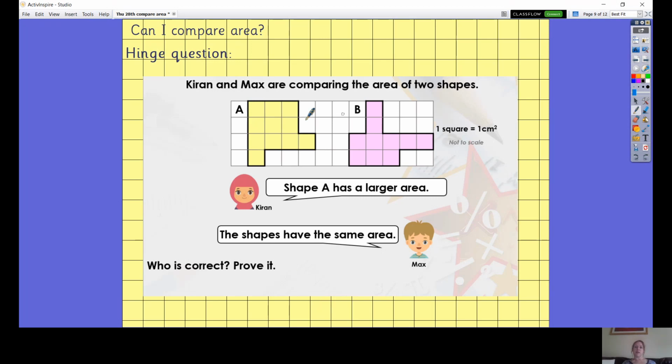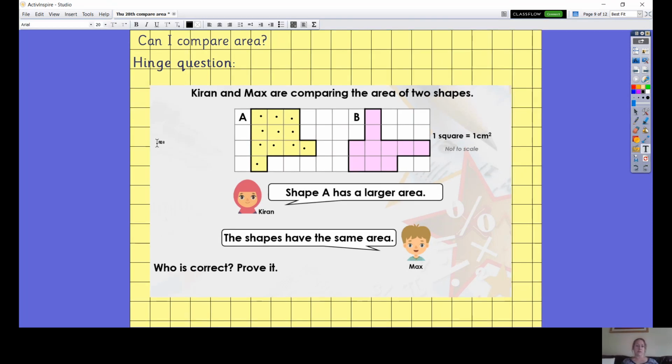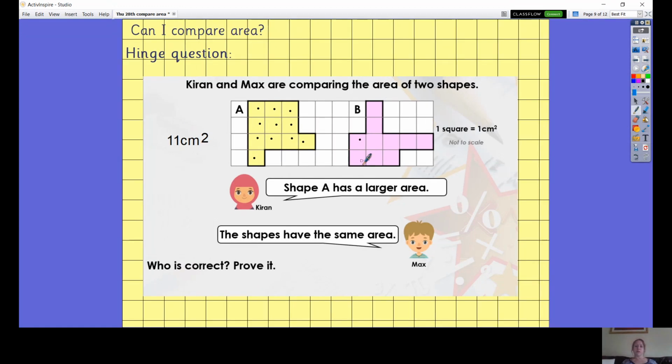Okay, let's do them together. And I know you can't draw them, so I'll do the dots on them for you. 1, 2, 3, 4, 5, 6, 7, 8, 9, 10, 11. So that one has an area of 11 centimetres squared. Then I've got this one. 1, 2, 3, 4, 5, 6, 7, 8, 9, 10.